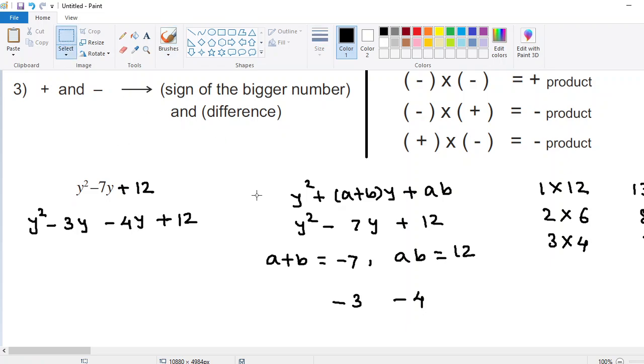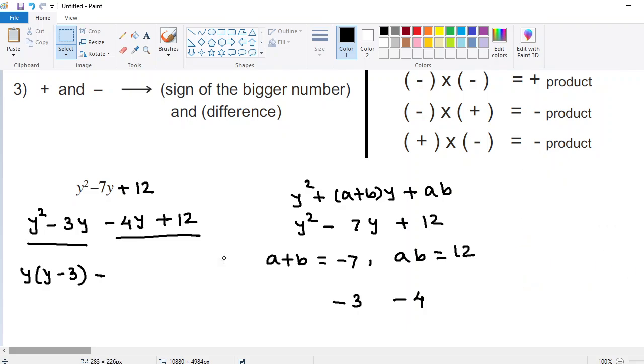minus 4y. Now let us form the groups. Y can be taken common. So this is y minus 3. Now whenever your third term is negative, we have to take the negative term common. Actually when we take a common term, what do we perform?